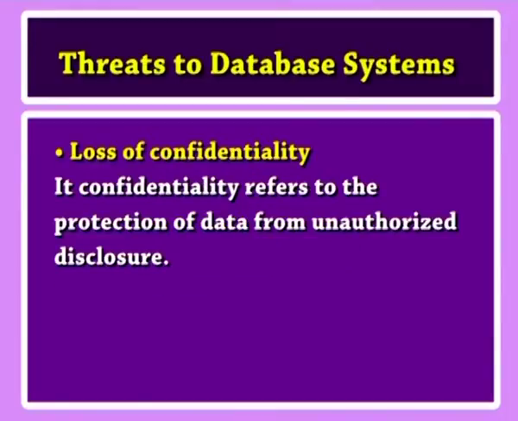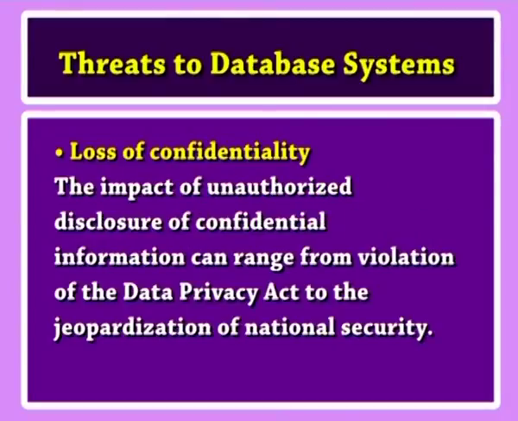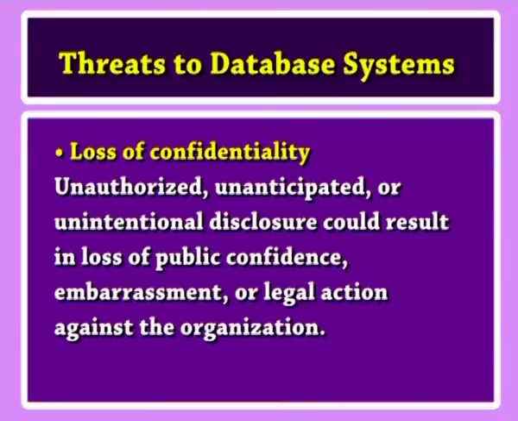Loss of confidentiality refers to the protection of data from unauthorized disclosure. The impact of unauthorized disclosure of confidential information can range from violation of the Data Privacy Act to the jeopardization of national security. Unauthorized, unanticipated or unintentional disclosure could result in loss of public confidence, embarrassment or legal action against the organization.